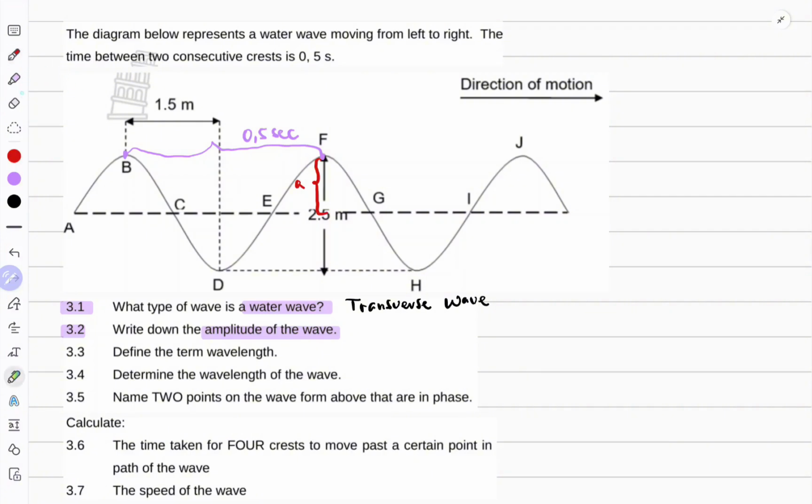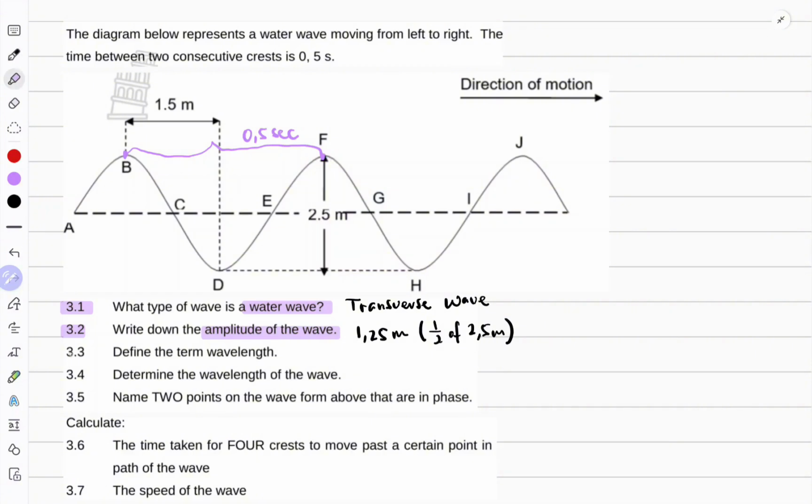However, they've given us the distance between the crest and the trough, which is 2.5, and from the equilibrium to the crest is half that distance. The amplitude would then be 1.25 meters, which is half of 2.5 meters.